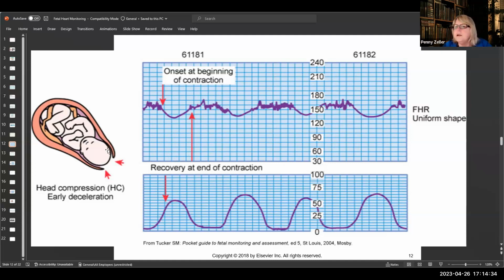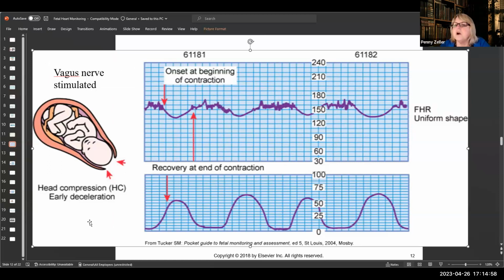This is okay because the baby's head is being squeezed, which stimulates the vagus nerve, which drops the heart rate. But it comes right back up at the end of the contraction, or even before the end of the contraction.